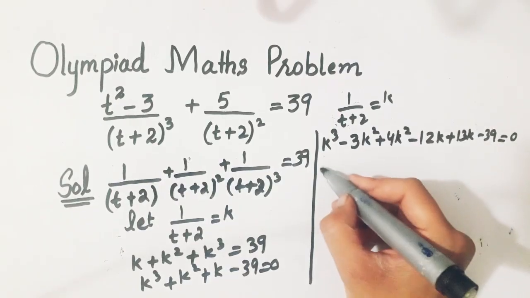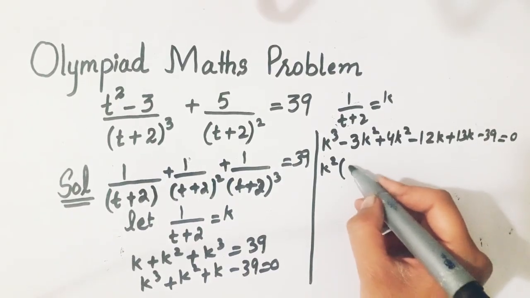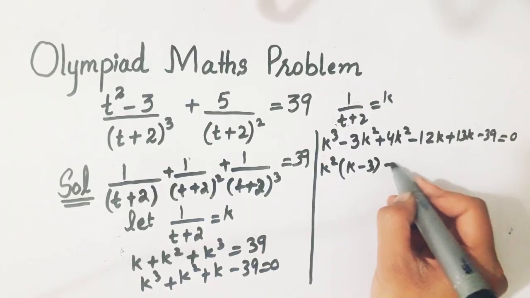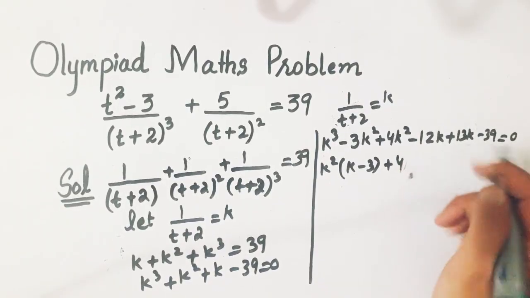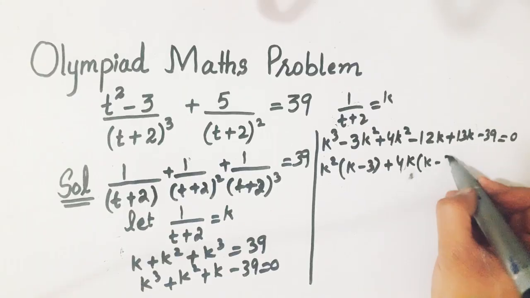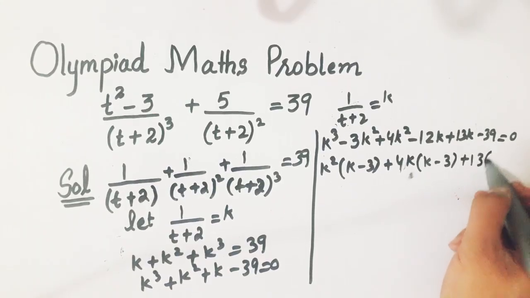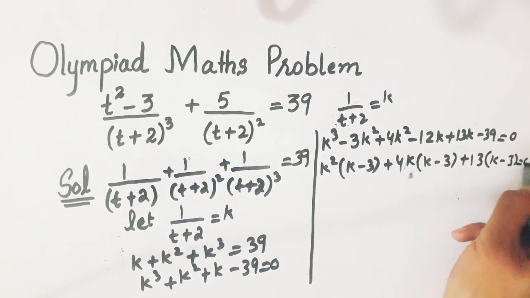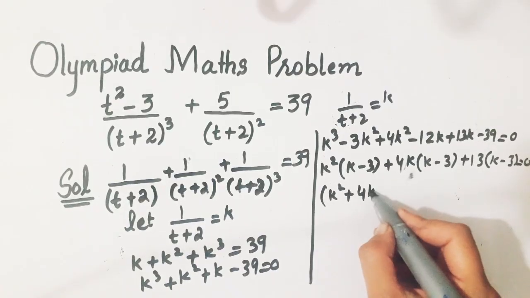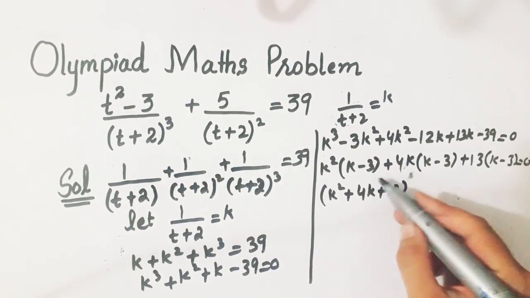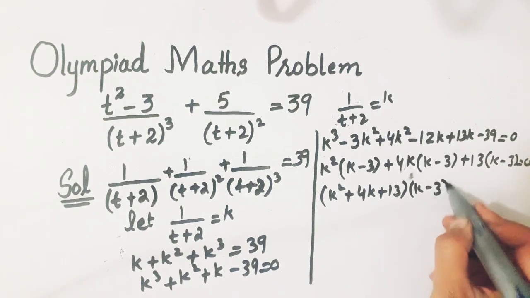From this we can take k squared as common, so the remaining is k minus 3. Plus 4k is common, so the remaining is k minus 3. Plus 13 is common, remaining is k minus 3. We get k squared plus 4k plus 13, times k minus 3, equals 0.